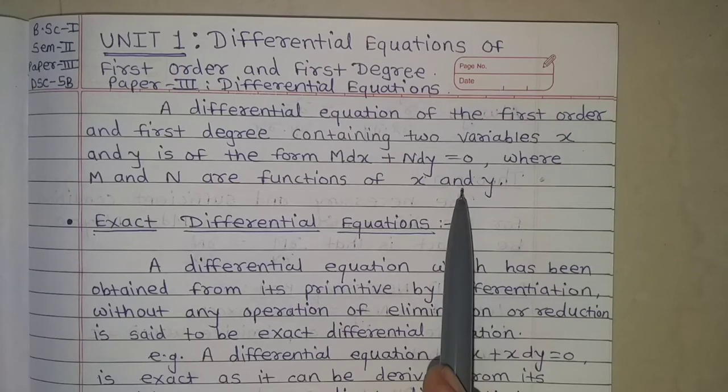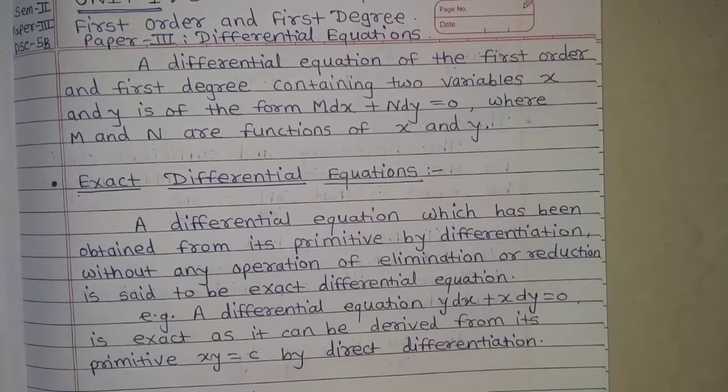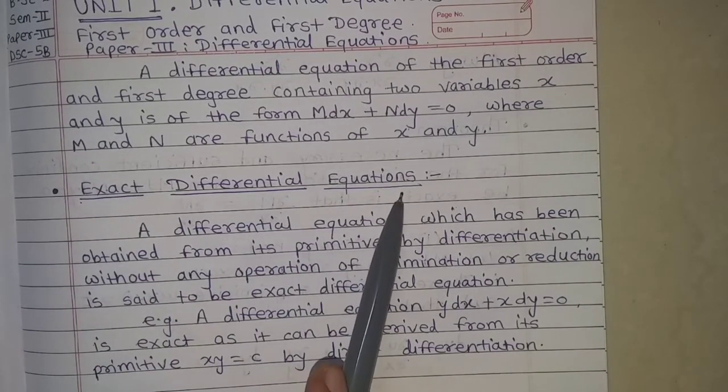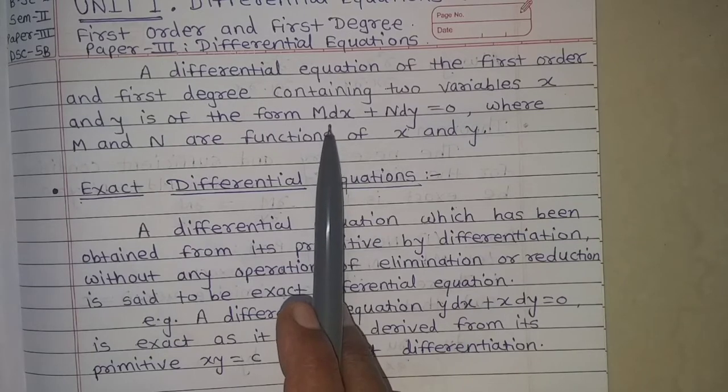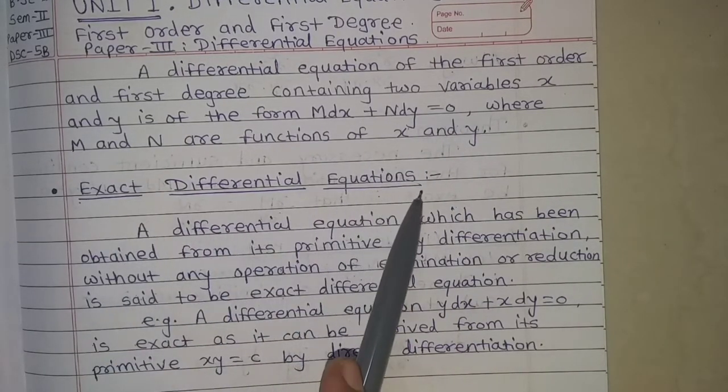In this topic, we consider first method, that is exact differential equation. How to solve this equation m dx plus n dy equal to 0 by exact differential equation method.